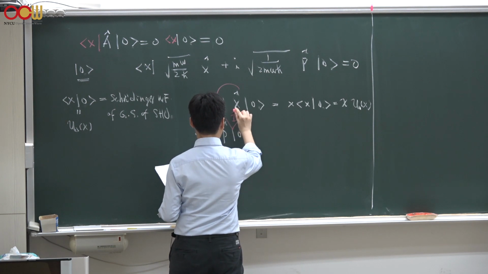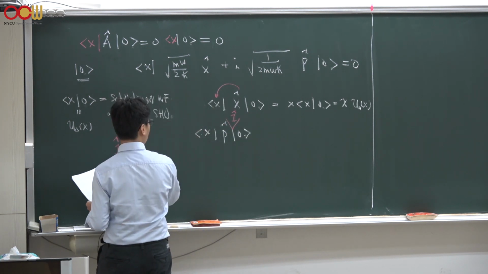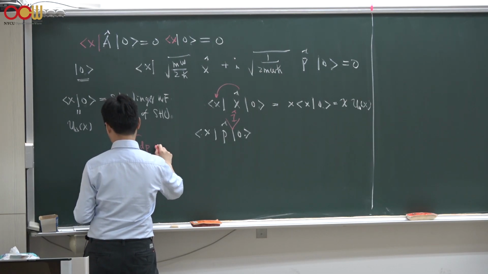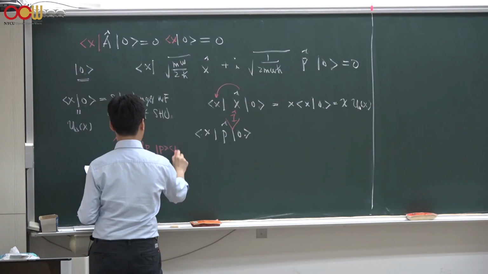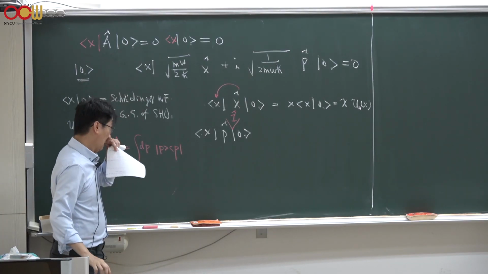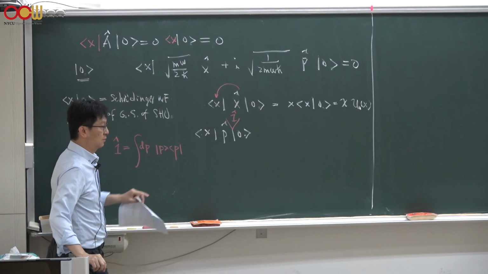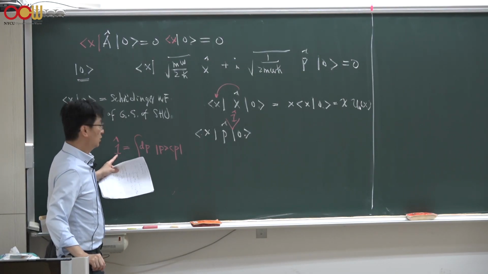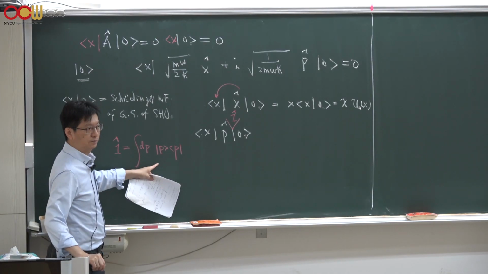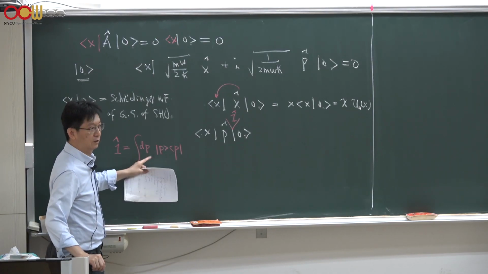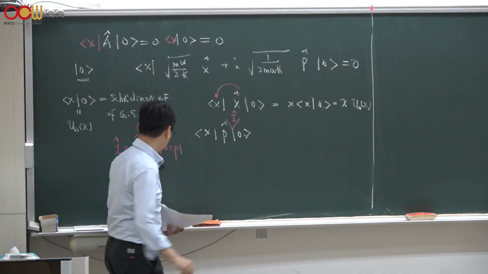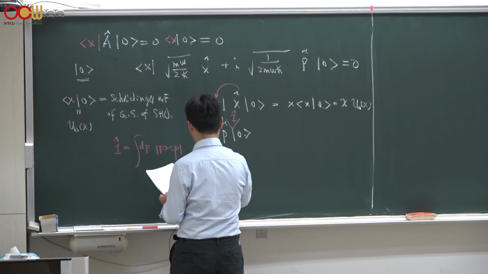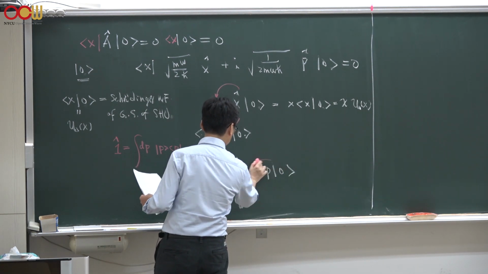So this unit operator is made of the p ket times the p bra, and this is a complete set of momentum eigenstates, and we will find something useful.